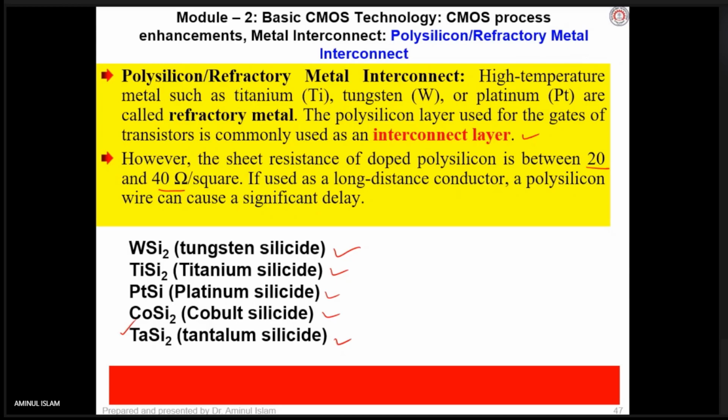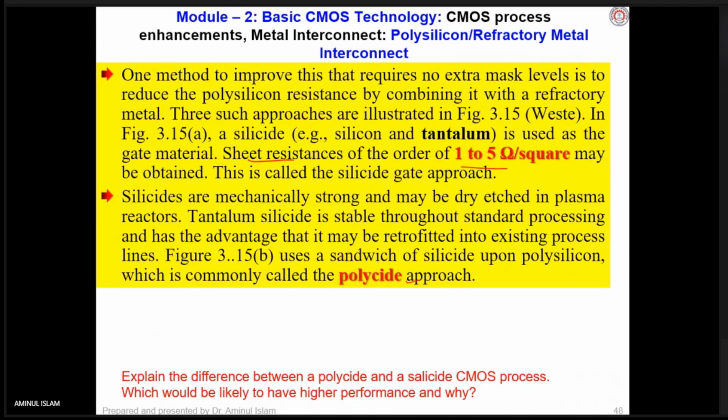That is the main idea behind this. So it may be reduced to 1 to 5 ohm per square from 20 to 40 ohm per square. Understood? So a lot of improvement is going to occur in terms of resistance.